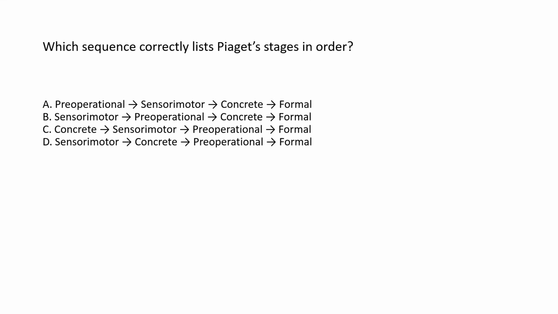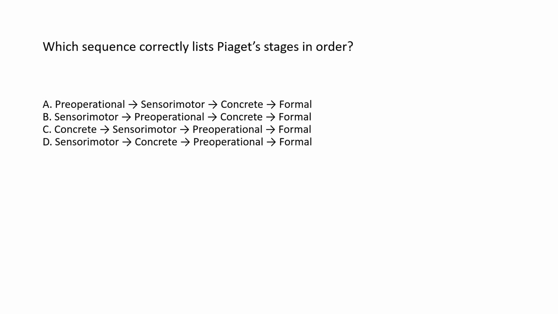Next, which sequence correctly lists Piaget's stages in order? Okay, stages in order. First one, you know that is 0 to 2 years, sensorimotor. 2 to 7 is pre-operational, 7 to 11 is concrete, 11 and above is formal.